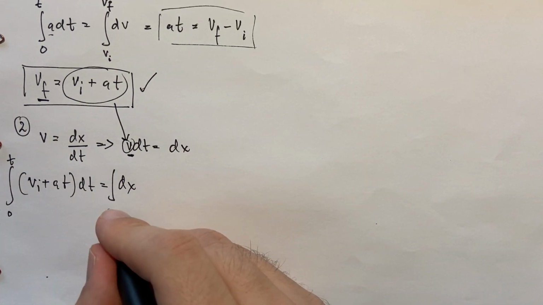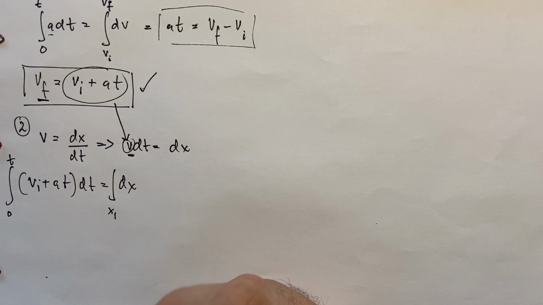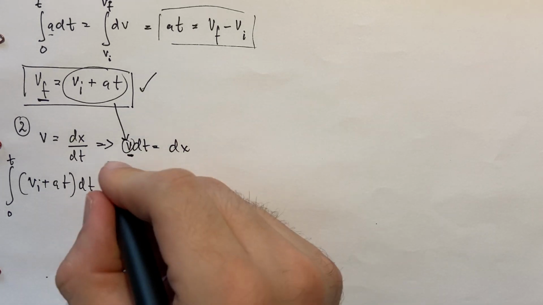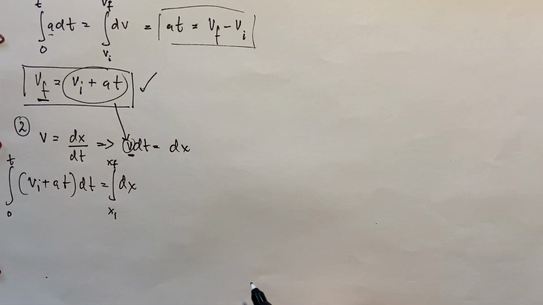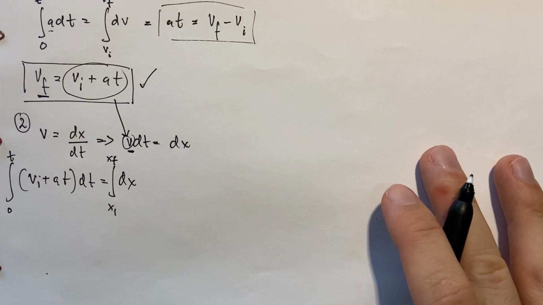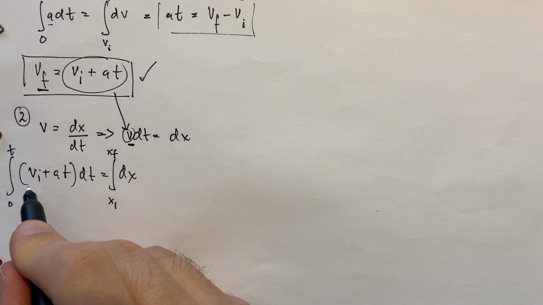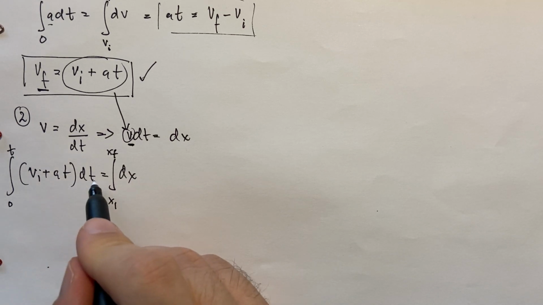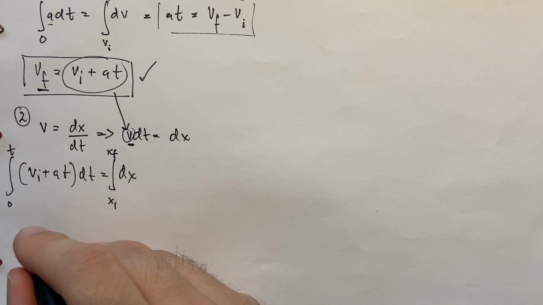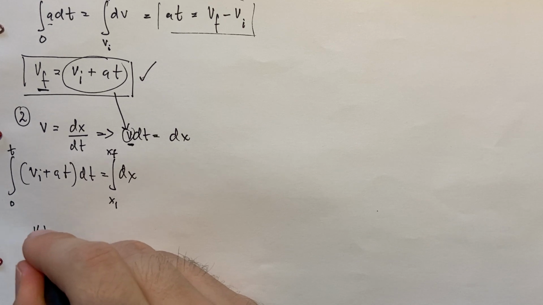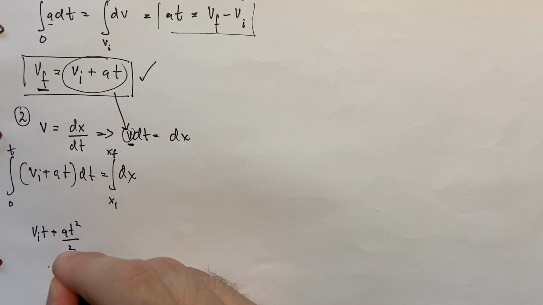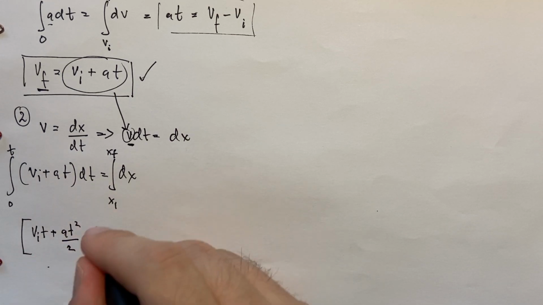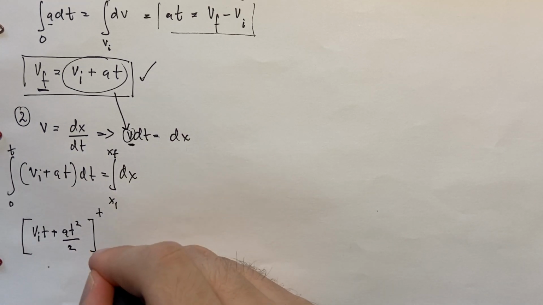And on this side, we start off from an initial distance to a final distance here, xf. And so what's the primitive function of vi plus at? Well, it is vit plus at squared over 2, right? With the limit t and 0.